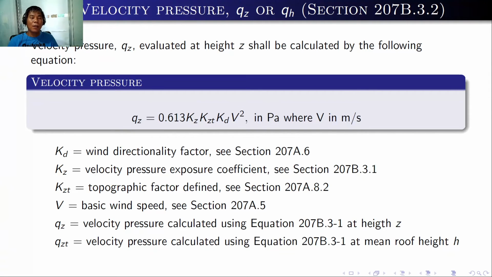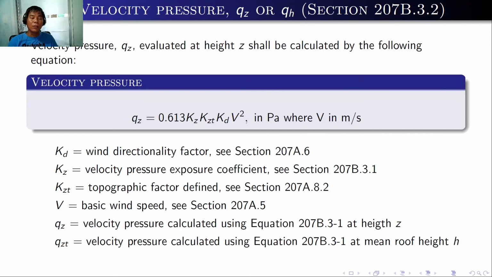This constant factor was used because of some derivations. It should be multiplied with Kz, the velocity pressure exposure coefficient, Kzt, the topographic factor, Kd, the wind directionality factor, and the velocity of the wind, the basic wind speed V. Then you have to square it.